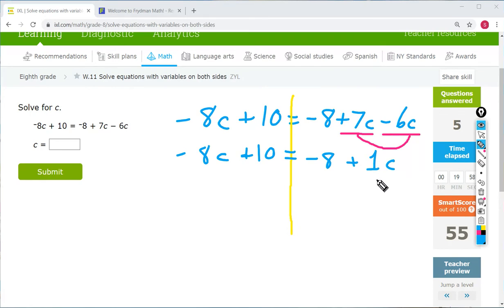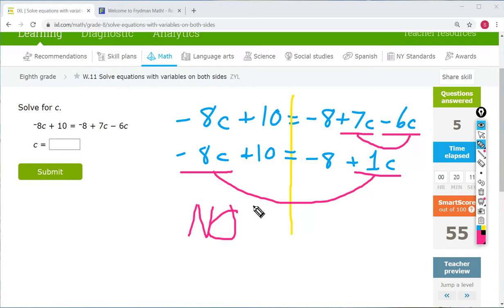Now I have a c term over here and a c term over here. Can I combine these things like I did before with these terms? No, absolutely not. Because you don't want to cut across this line here. You cannot combine terms that are on different sides of the equal sign.